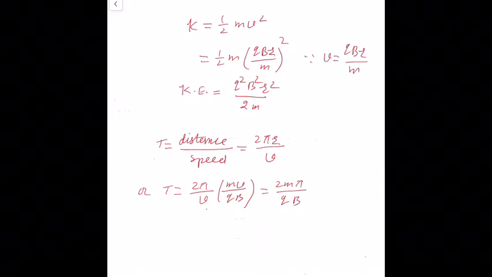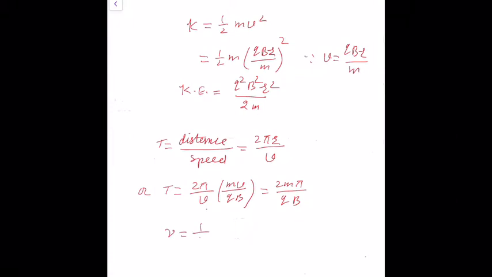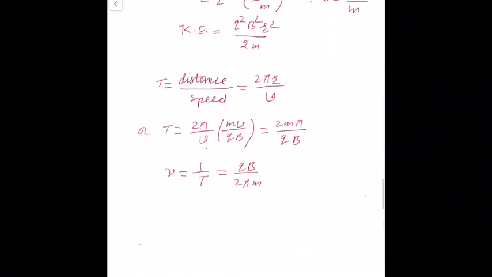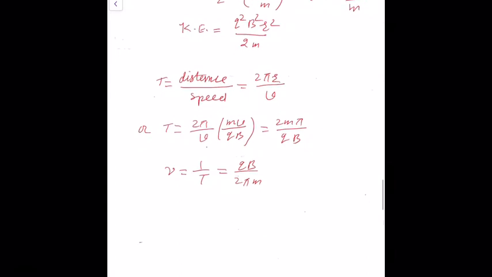It is the time period. Okay, or frequency of the charged particle, means nu is equal to 1 upon T. So put the value of T, qB upon 2 pi m. It is clear that the time period T or frequency is independent of speed of particle and radius of the circular path.